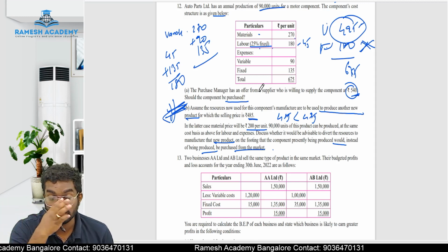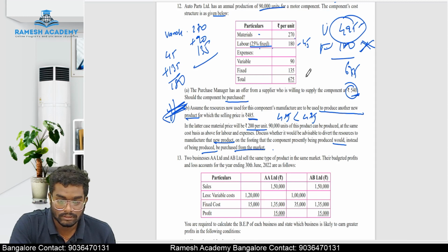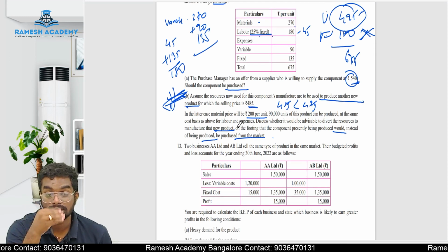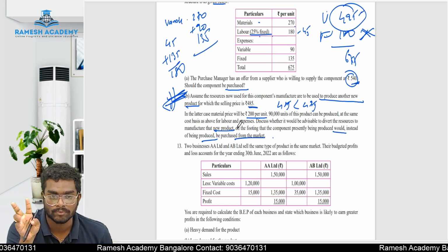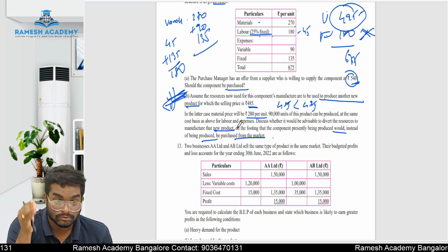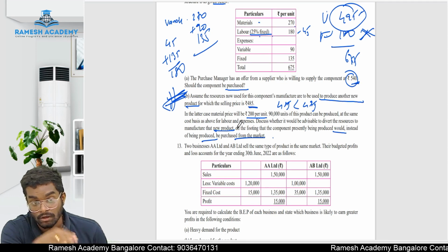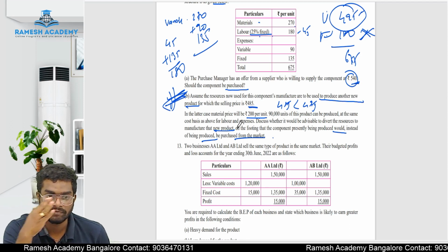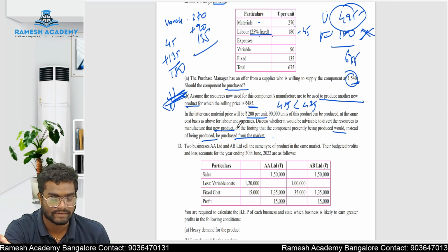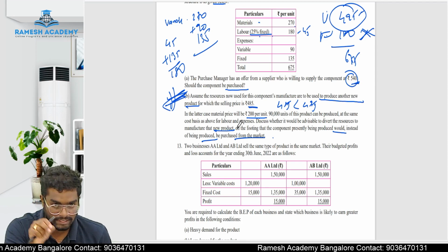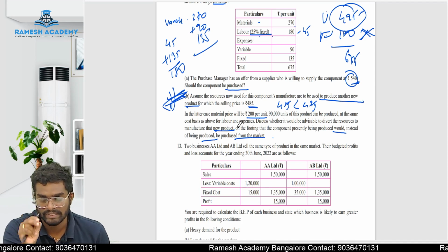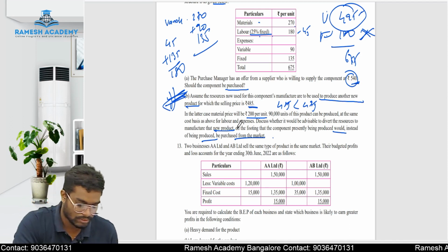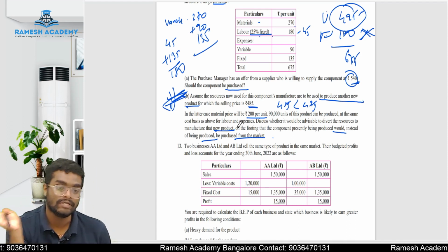That's the reason we will purchase. Next, in the second case they are telling that we can get the material at 200 rupees, not 270. Then will you produce inside or buy from outside? If you buy from outside, it will be 485. If you produce inside, it is 495. But there is a reduction in the price of the material, which means 70 rupees. Earlier it was 270, now it is 200.